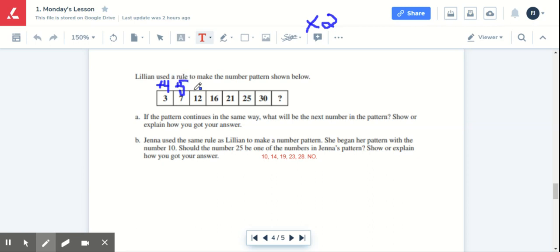Whoops. Now let's see something here. 12 plus 4 equals 16. And noticing that 16 plus 5 is 21, 21 plus 4 is 25, 25 plus 5 is 30. So what's the pattern that we notice here?